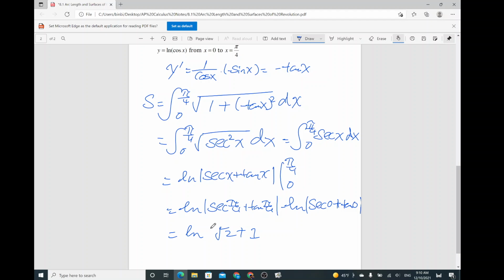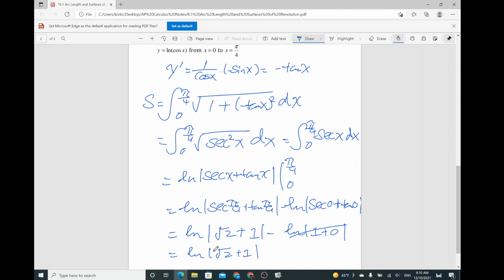So natural log of this quantity with the absolute value, minus natural log of secant of 0, which is 1, plus tangent of 0, which is 0. So natural log of 1 is 0, so this one is cancelled. So the final answer is natural log of the absolute value of root 2 plus 1.